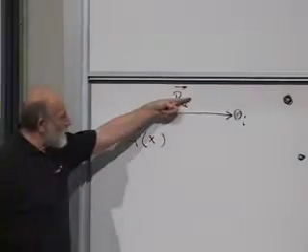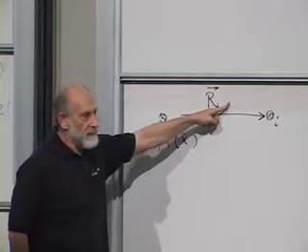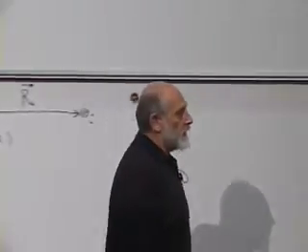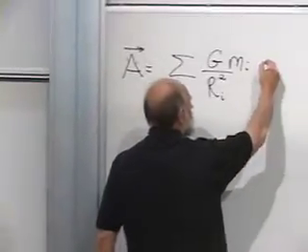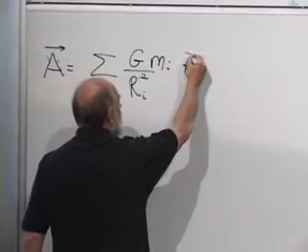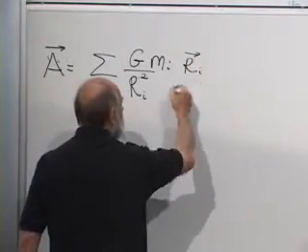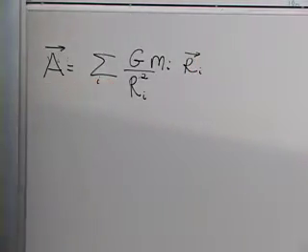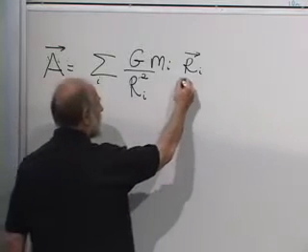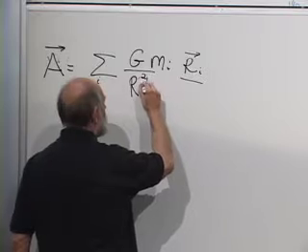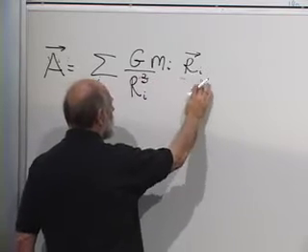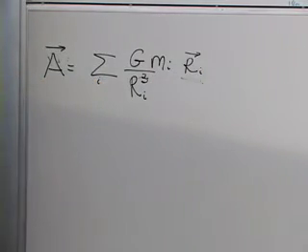And it's along the direction r sub I. So the way to deal with that is to put another r vector here, but then we have too many r's in the numerator. We have to put another one in the denominator. We have to make this cubed, because the length of this is r.